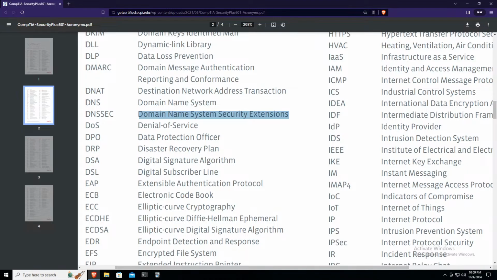And a typo, something like typosquatting, would lead you to believe that you're on the right page, but really you're not. You're on a malicious page.